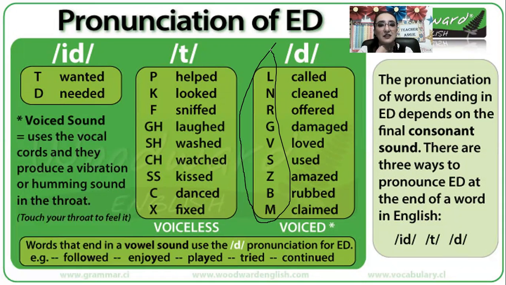R, v, z. Your vocal cords are vibrating, or your vocal cords are humming on your throat. And if you are going to be having that vibration on your throat, you are going to be ending the words with the sound d.